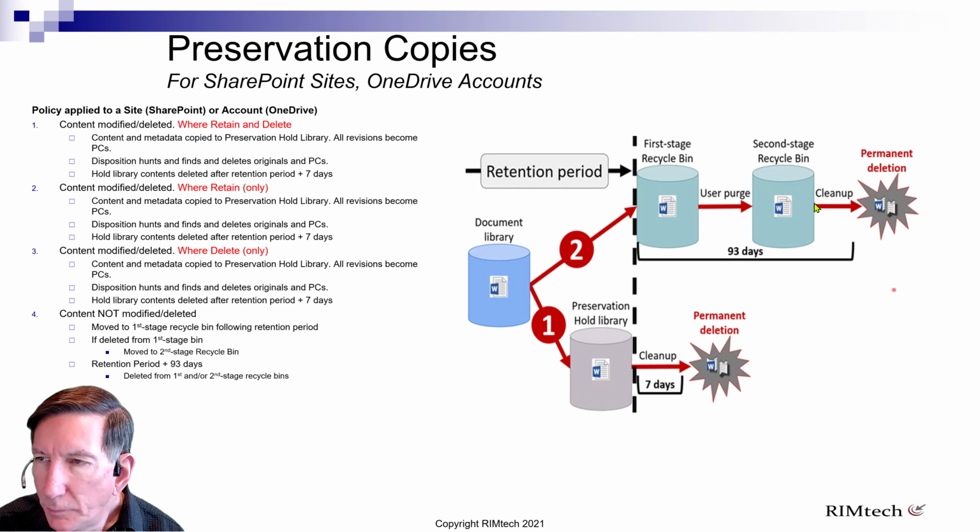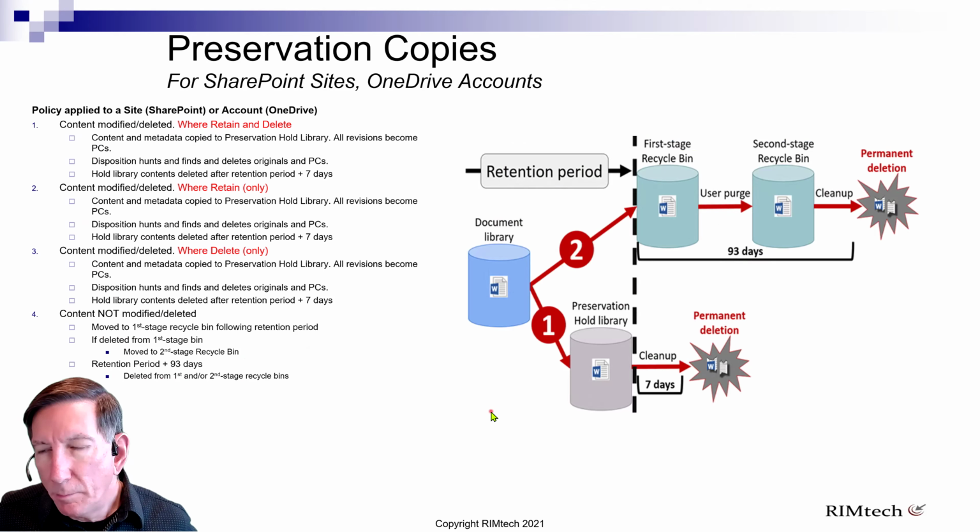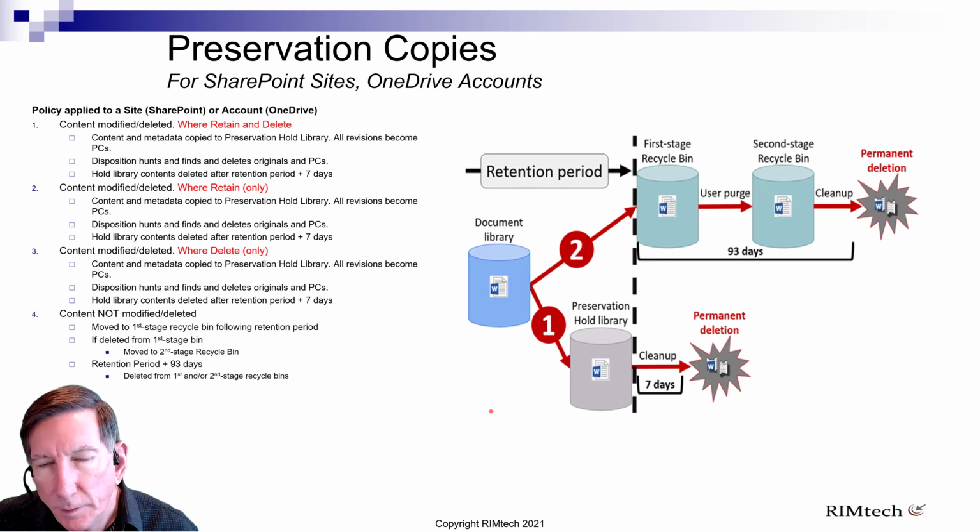Now, this is Microsoft's official diagram that shows the path that the document takes if they attempt to delete a locked record or an unlocked record, I should say. So what happens is it goes to the preservation hold library, okay? And it only makes its way to the preservation hold library if they attempt to delete it or edit it, right?